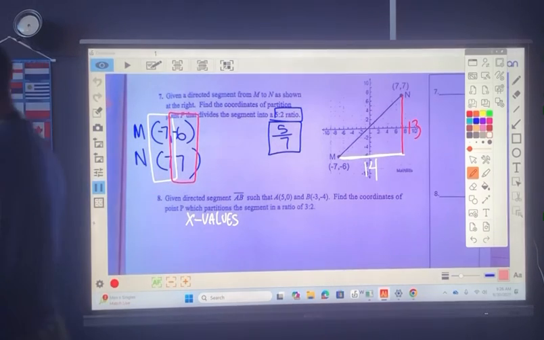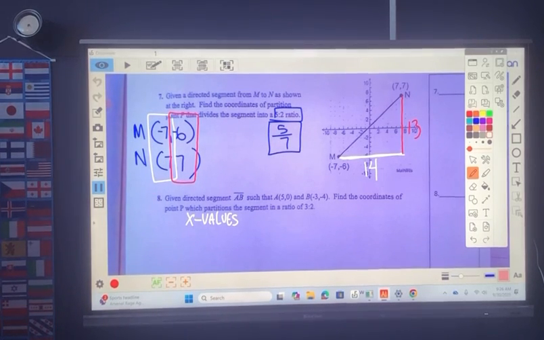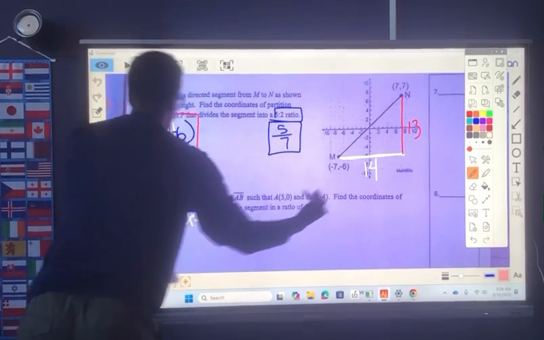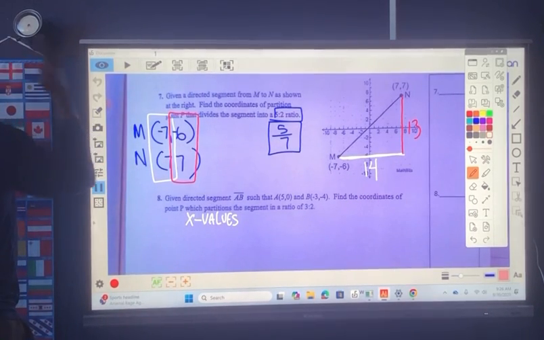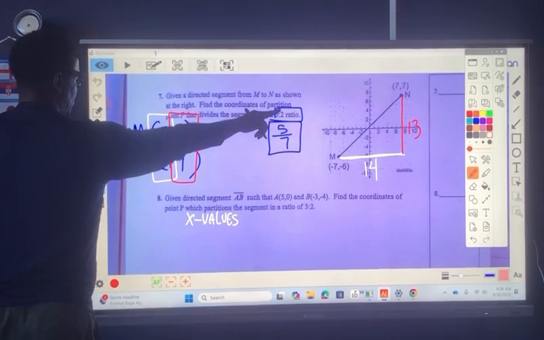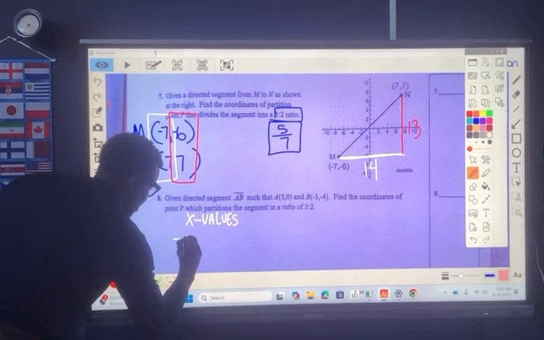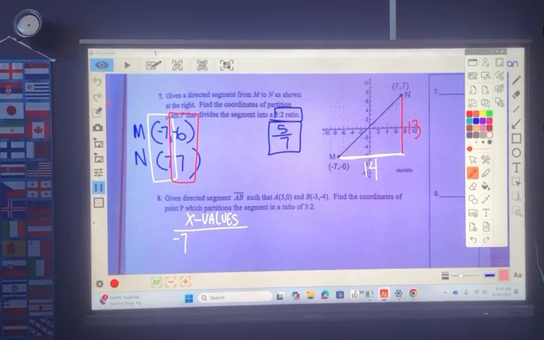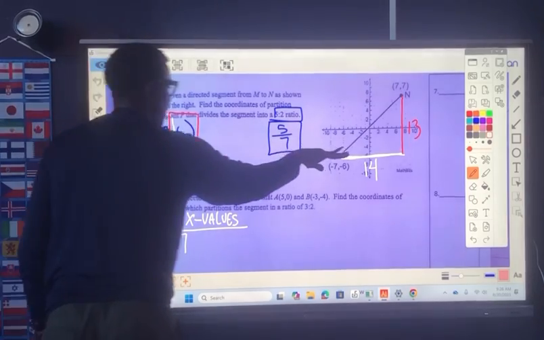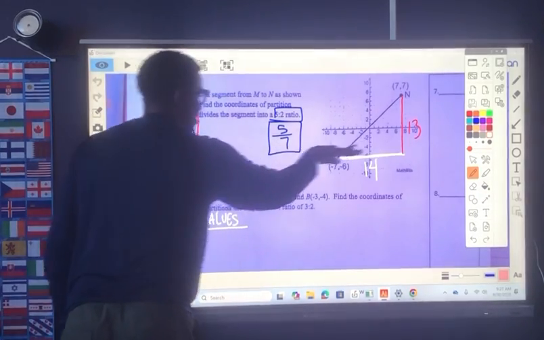So, you want to use the starting point to calculate where it's going to fall on the x-axis. Where do we start, according to the directed line segment? Where do you start at? Huh? -7. My man, -7 is where you start. Now, we need to find that P. You're not going the entire distance of 14.